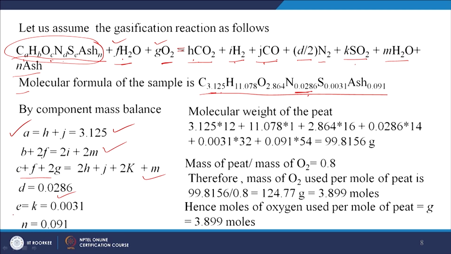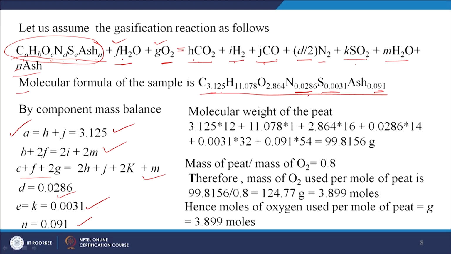Then E comes from the sulfur balance. The left side is E, the right side is K. So, E is equal to K, and that value we can get from the sulfur balance, 0.0031. And then we are getting N for S on the left hand side, and here also N for S, so both will be the same. So, N is equal to 0.091.